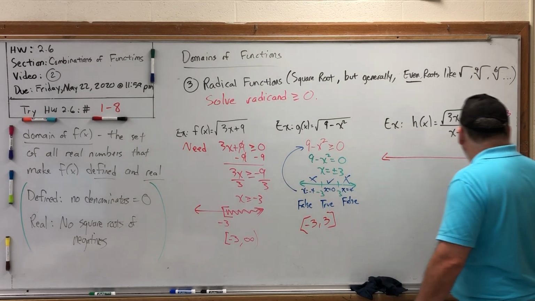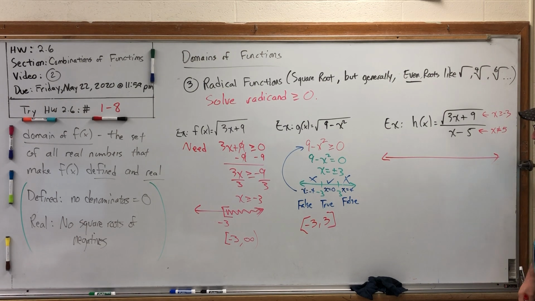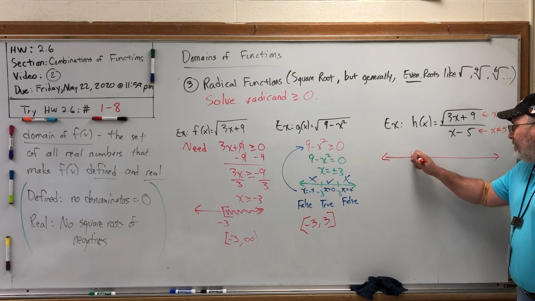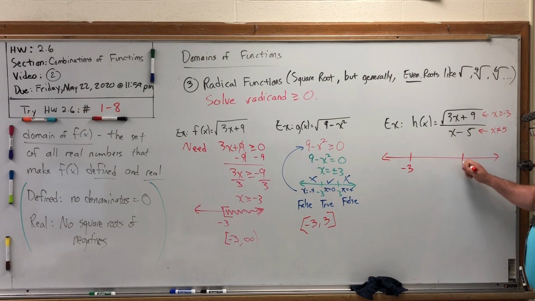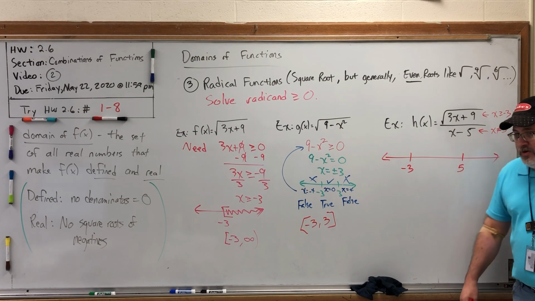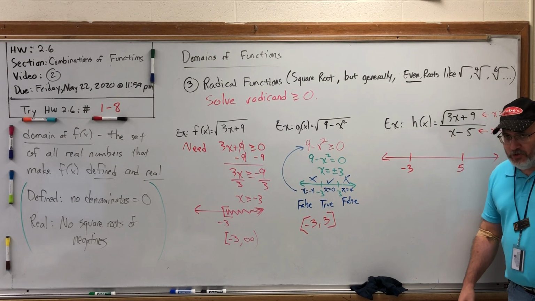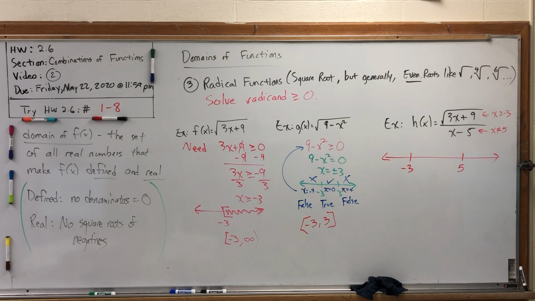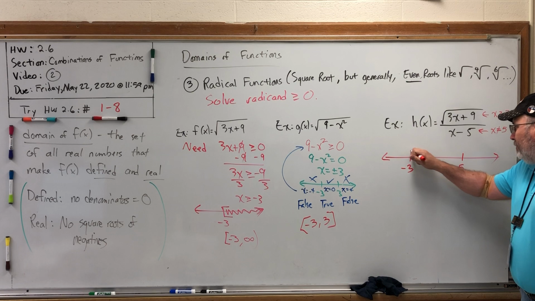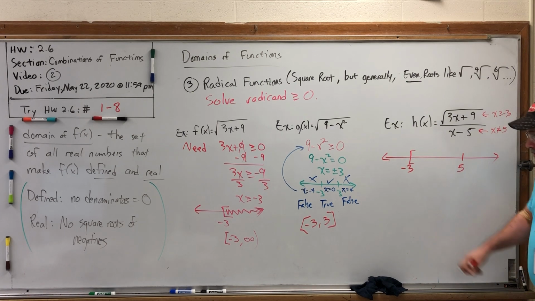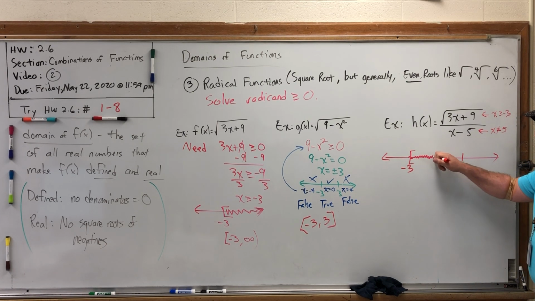So how would that look like in interval notation? I don't know. Let's see what it looks like as a number line. Remember, when you put two numbers on a number line, make sure the lesser number is to the left. Most people do, but you'd be surprised. This first condition says everything greater than or equal to -3. So bracket because it says or equal to, and shade to the right.